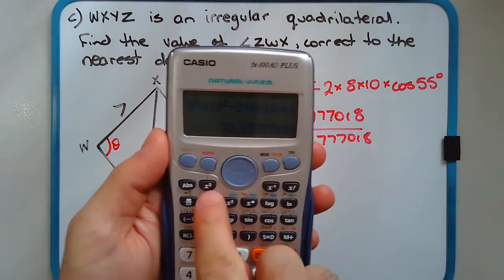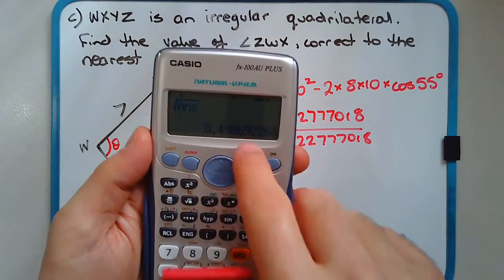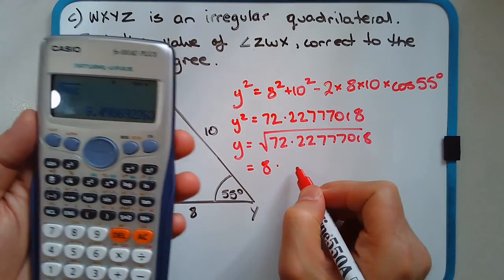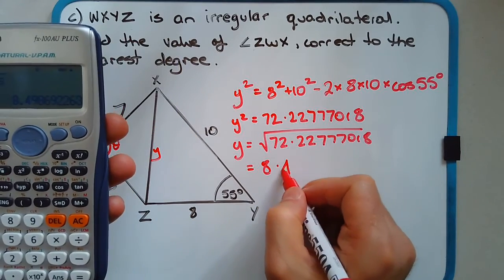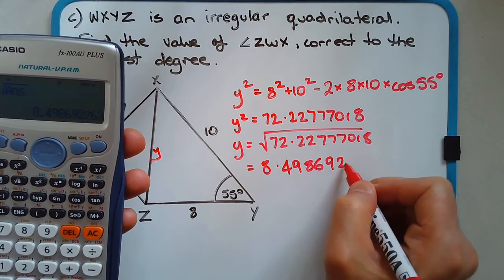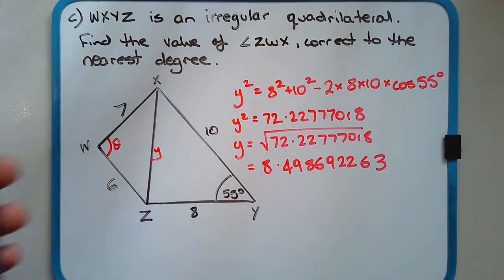I'll take the square root of that, which equals 8.49. Great, so now I have a value for y.